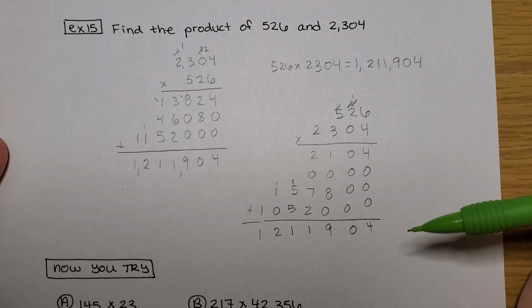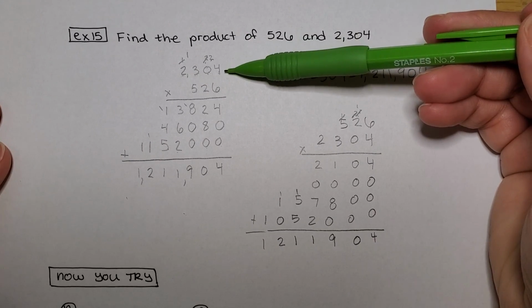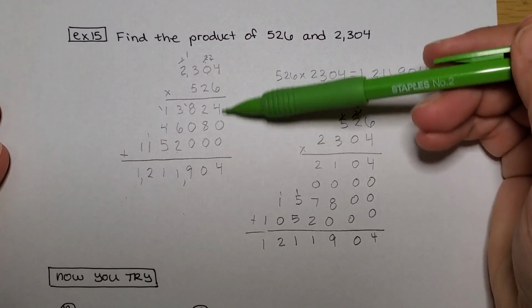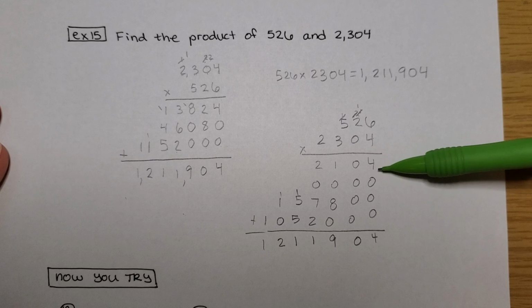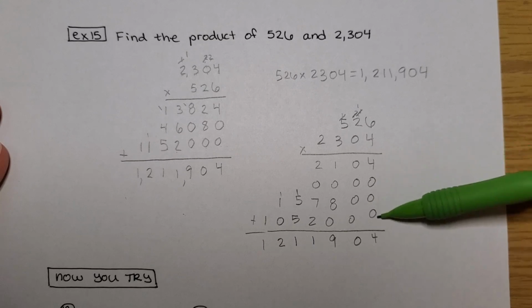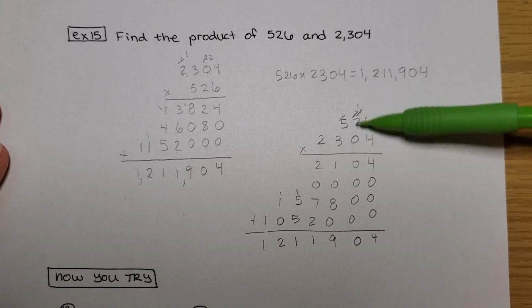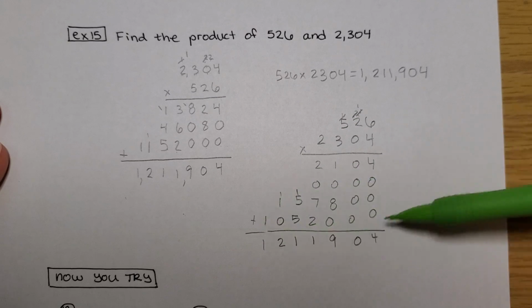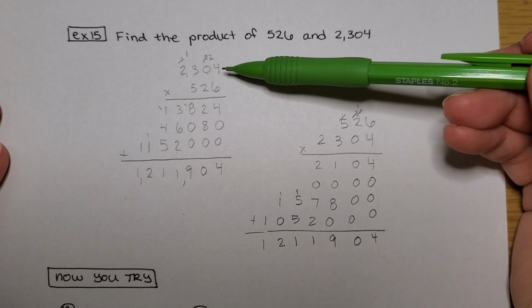The reason I put the longer number up top in the traditional method is notice that we only had 3 lines that we then had to add together. If I put the longer number on bottom, I would have 1, 2, 3, 4 lines that I'd have to add together. So there were 4 numbers that I had to multiply by each number in the top. So that's why I had 4 lines. So you can make it a little bit shorter for yourself by putting the longer number up top.